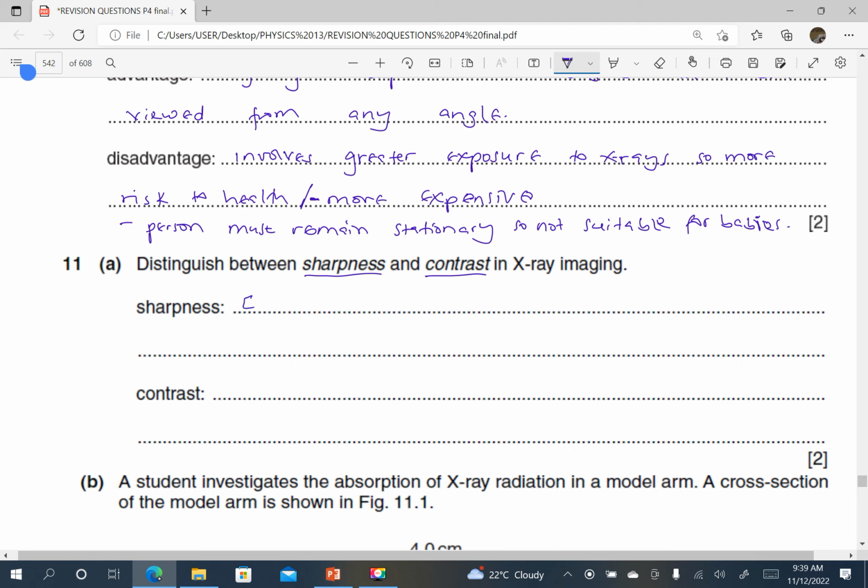So sharpness is the ease with which the boundaries of structures can be distinguished or seen or outlined.